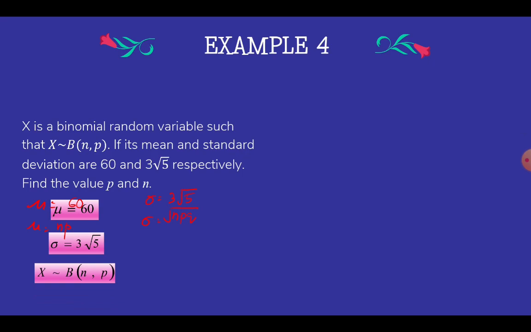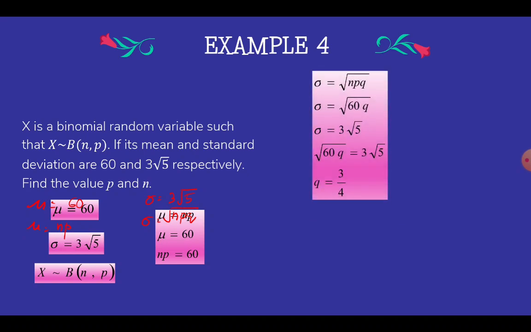Okay, from here, the mean is 60, and the mean is of course NP. So we can say that NP is equal to 60. From the standard deviation formula, the standard deviation is the square root of the product NPQ, in which from the information given, we know that NP is 60, so I just substitute 60 to represent NP here.